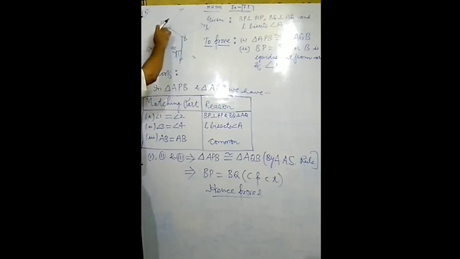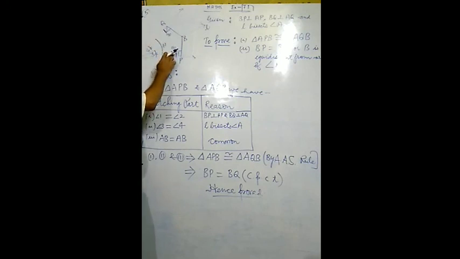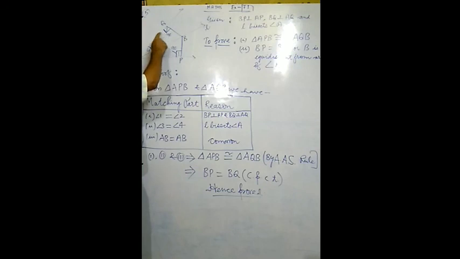If BQ is perpendicular to AQ, this angle is also 90 degrees. It means angle 1 equals angle 2. So very easily we can trace the matching parts here. First matching part is angle 1 equals angle 2.